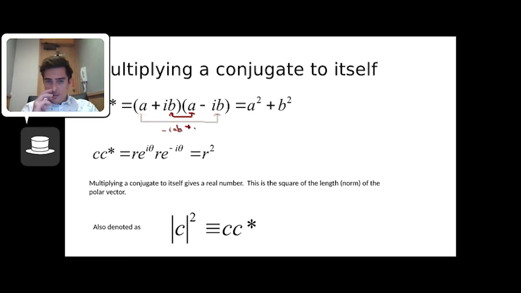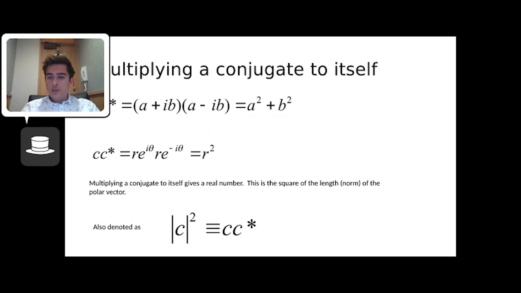So you only get a squared plus b squared. There's no complex part to this number, so it gives a real number. But it's also in fact equal to r squared.